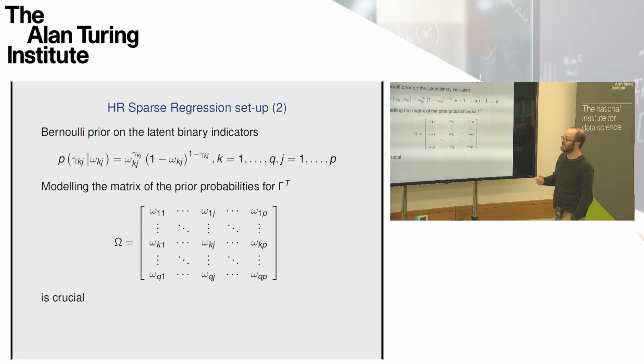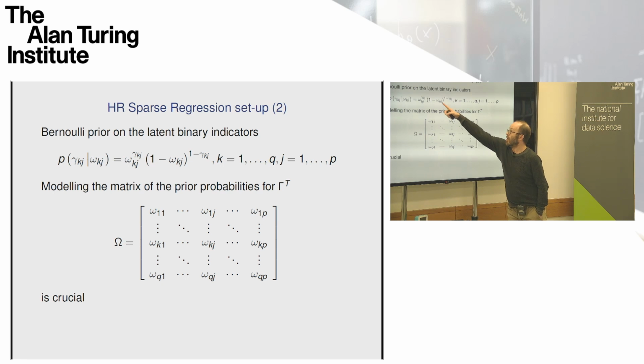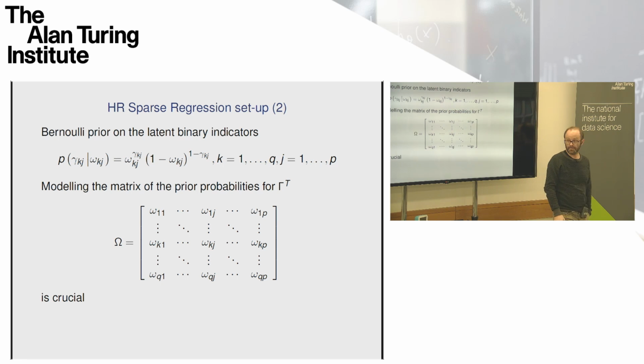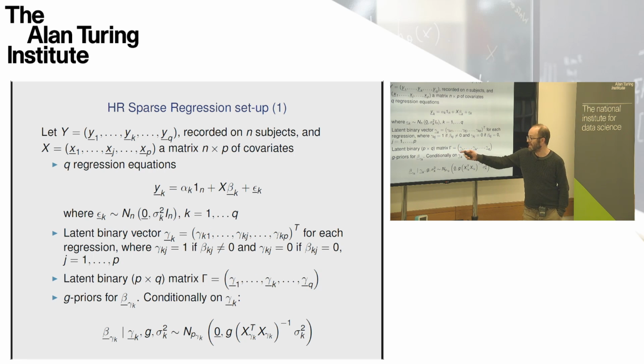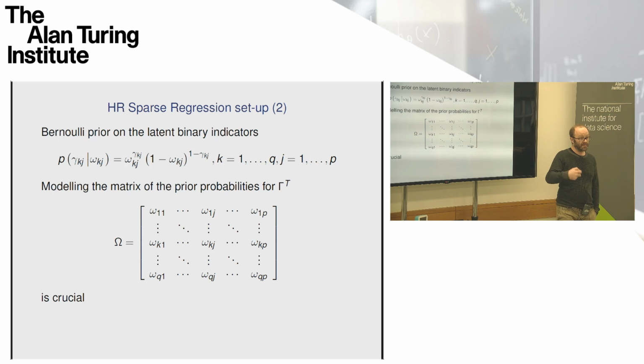So the prior probability can be encoded into a Bernoulli distribution with probability omega kj. Now, before I was telling you that we are interested in this matrix, but the probability to observe a 1 is actually encoded in this matrix here, omega. And this is the first result that I want to present.